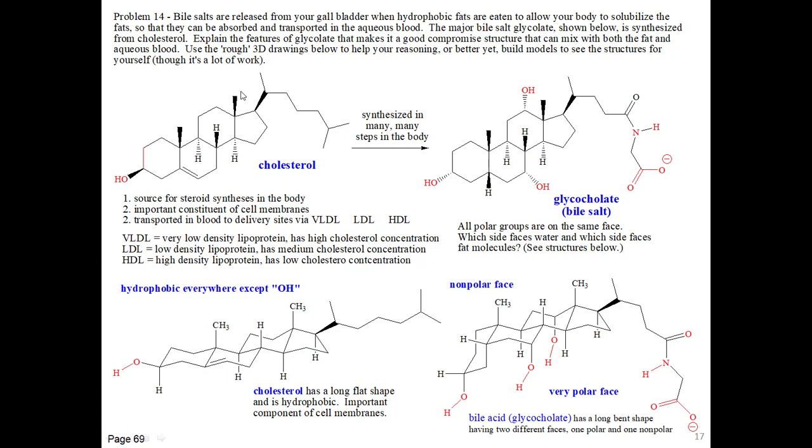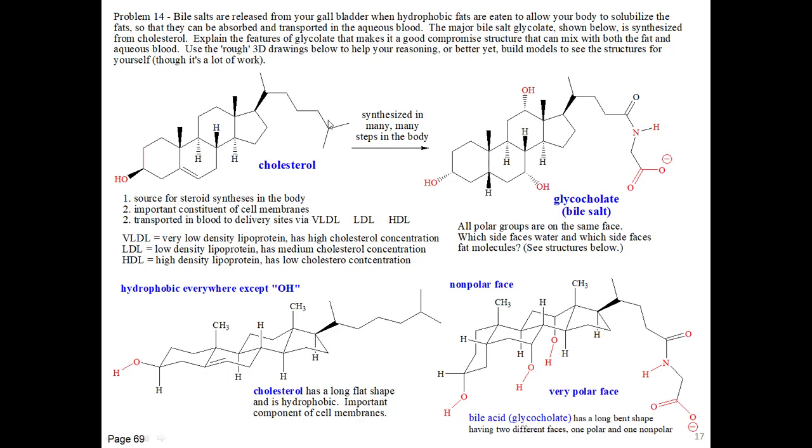Our last example right here takes cholesterol, which we just said is very hydrophobic. And in many steps, cholesterol is made into something called a bile acid, like glycocholate. And if you look at what happened, nature put OHs. First off, it took away this double bond, put a hydrogen here, and pushed this ring down. Okay, put some OHs on the bottom, over here and over here.